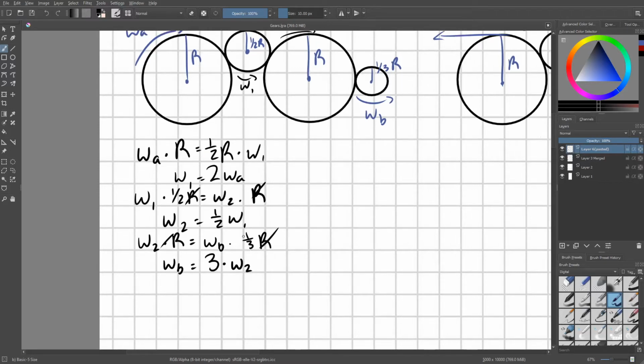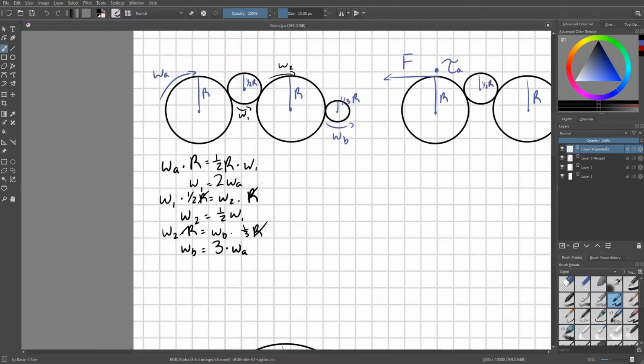Right, and then we'll go ahead and see what omega 2 is in terms of omega A. So omega 2 is 1/2 of omega 1. And omega 1 is 2 times omega A. So omega 2 is just omega A, right? So you get 3 times omega A.